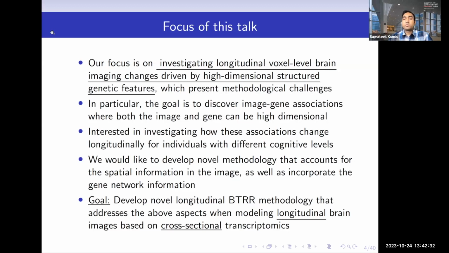Our goal here is to develop a novel longitudinal BTRR methodology, BTRR meaning Bayesian tensor response regression, that addresses the above aspects when modeling longitudinal brain images based on cross-sectional transcriptomics. So really, we want to develop a novel BTRR approach involving longitudinal brain images and cross-sectional transcriptomics data. That's the goal of this paper, and generally speaking, that is what we want to focus on for today's talk.